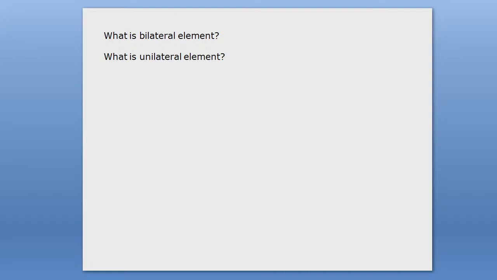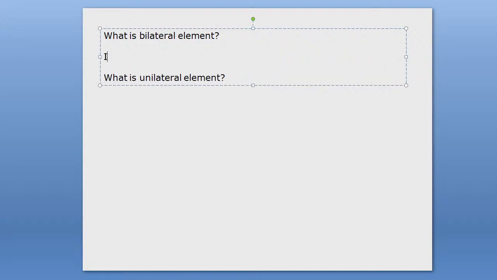So the bilateral element means it allows flow of current in both directions.